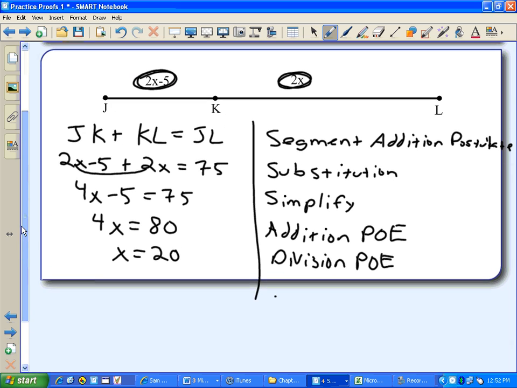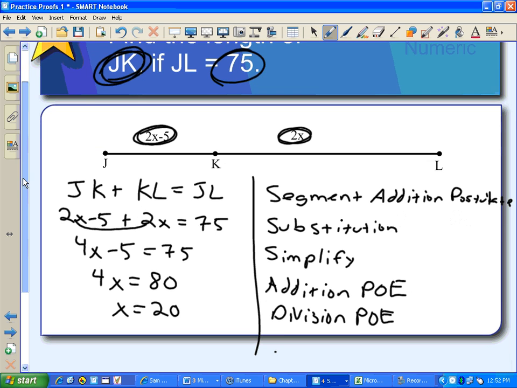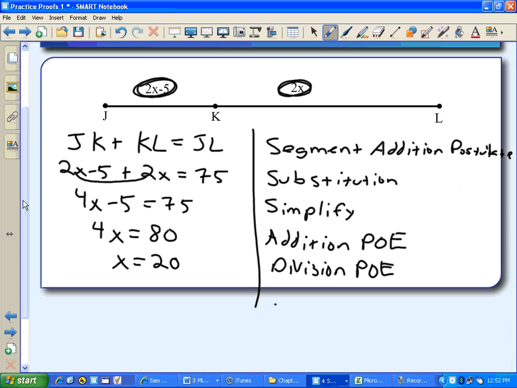Okay, now unlike the other ones, I'm not done. I know what x is, but they're asking me to find the length of JK. JK equals 2x minus 5. But I know what x is, so I'm going to write 2 times 20 minus 5.